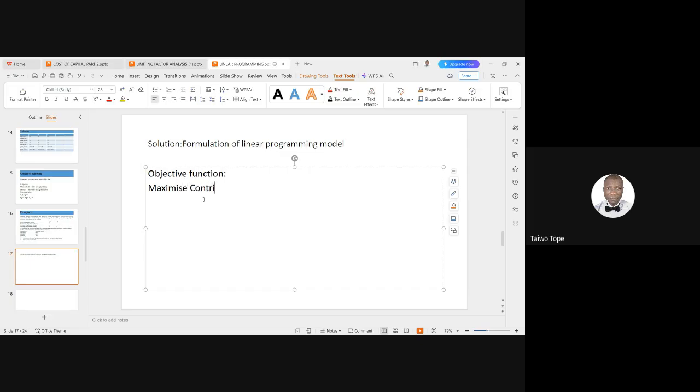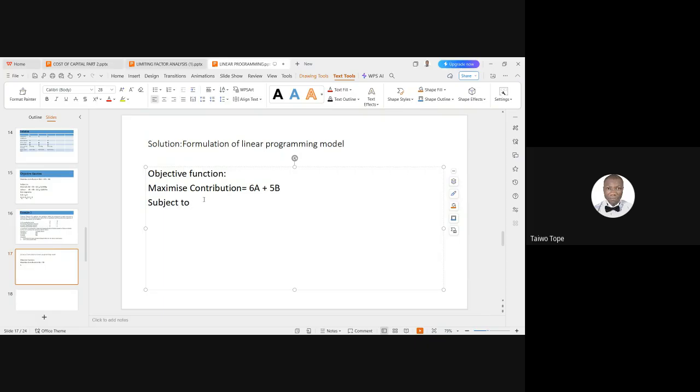To maximize contribution. And based on the question, the contribution we have for A is 6, and that will be what? 6A plus what? For B, that will be 5B.